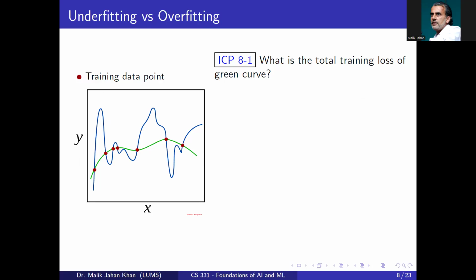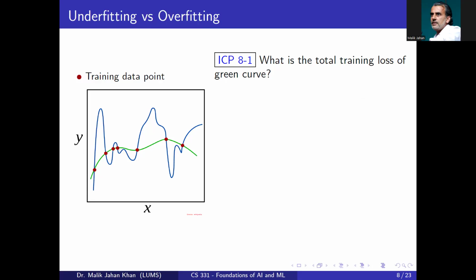There are red dots. Each dot is a training data point, and there are two curves shown over here. X is the input side, Y is the output. What is the total training loss of the green curve?